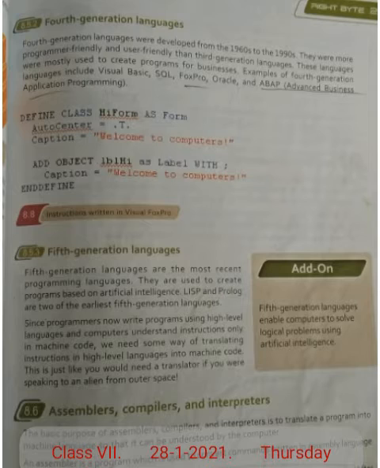And the fifth generation languages are the most recent programming languages. They are used to create programs based on artificial intelligence. LISP and Prolog are two of the earliest fifth generation languages. Fifth generation languages enable computers to solve logical problems using artificial intelligence.